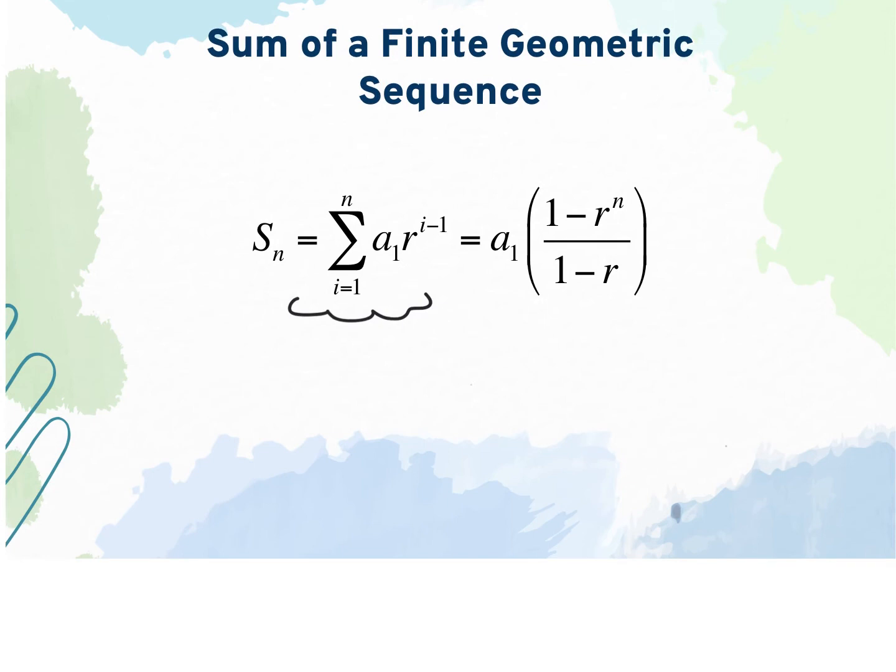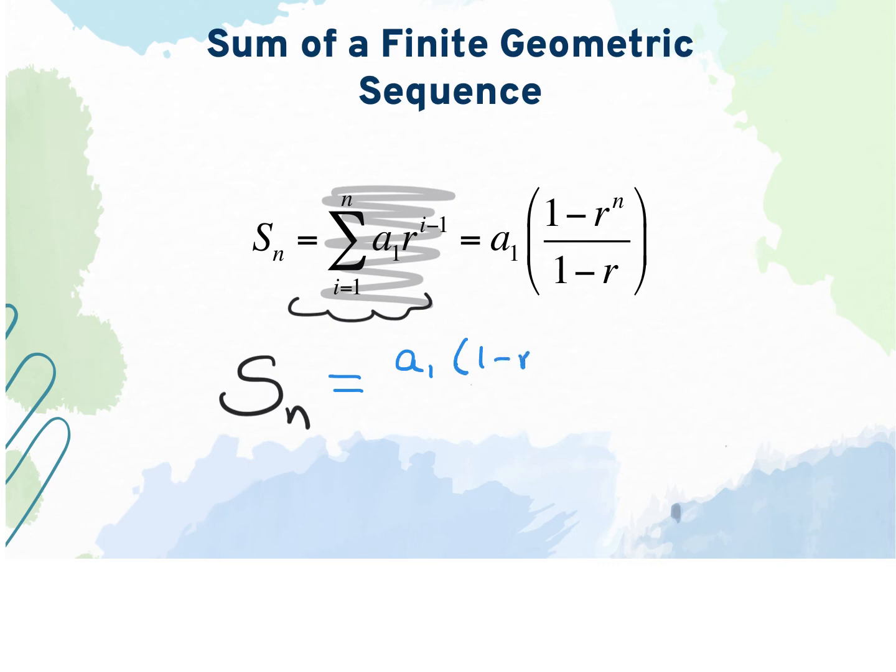So if you only want to work with the equation, you could eliminate this, and you could go right to this. Now, you could take this first term, this a sub 1, and just put it straight in the numerator, if you'd rather, and then divide it by 1 minus r. So you could take this and turn it into that.